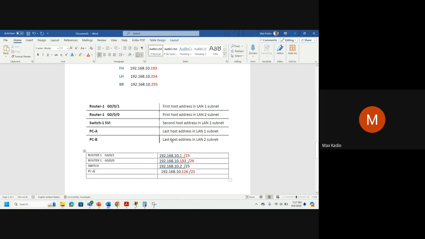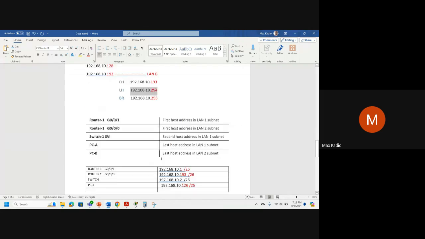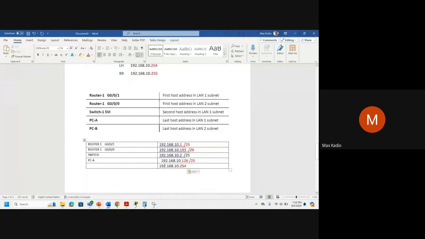And PCB, we say last host in LAN 2. So because I'm using this one for LAN B or LAN 2, the last one is this one that I can assign to someone. I take it, /26, PCB. So if this one is clean, neat, then you can go and do your configuration.